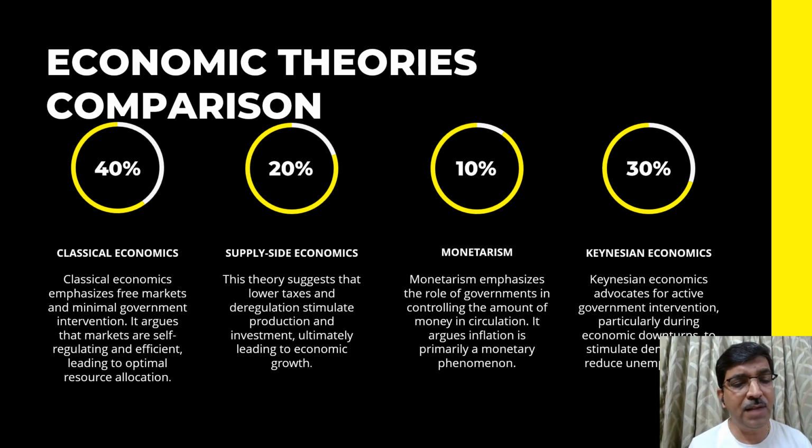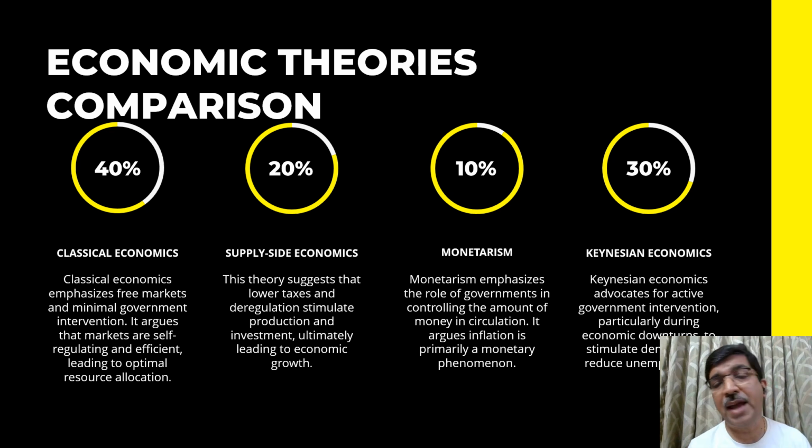Classical economics emphasizes free markets and minimal government intervention, meaning a totally free market with no government intervention. It argues that markets are self-regulating and efficient, leading to optimal resource allocation.